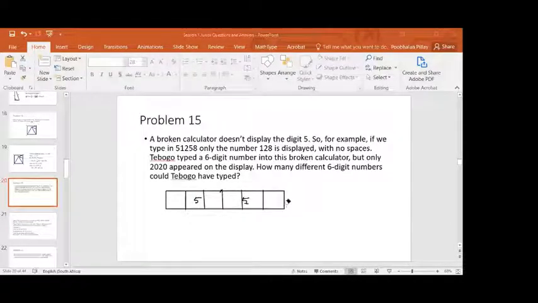So how many numbers could he have typed? Now you will agree that it all depends on where the 5s were. Now the 5s in this particular case are the 2nd and the 4th. Okay, so let's instead of calling it 2nd and the 4th, we'll give symbols for these spaces.